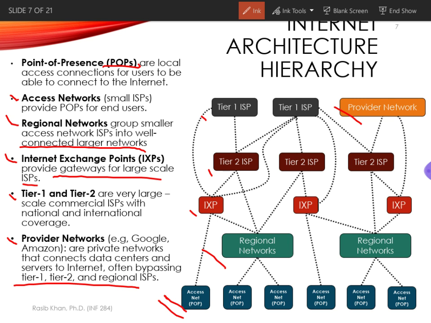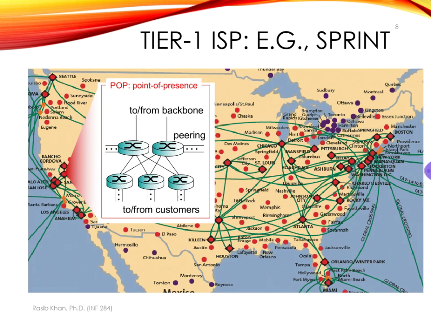However, even though this is private, they still need to be connected to the overall internet, and that is why we see this provider network also being a part of this hierarchy, and it may also be connected through IXPs, the internet exchange points, to different ISPs, or even directly through peering links. Just to give you an idea of how dense they could be, take a Tier 1 ISP, for example Sprint.